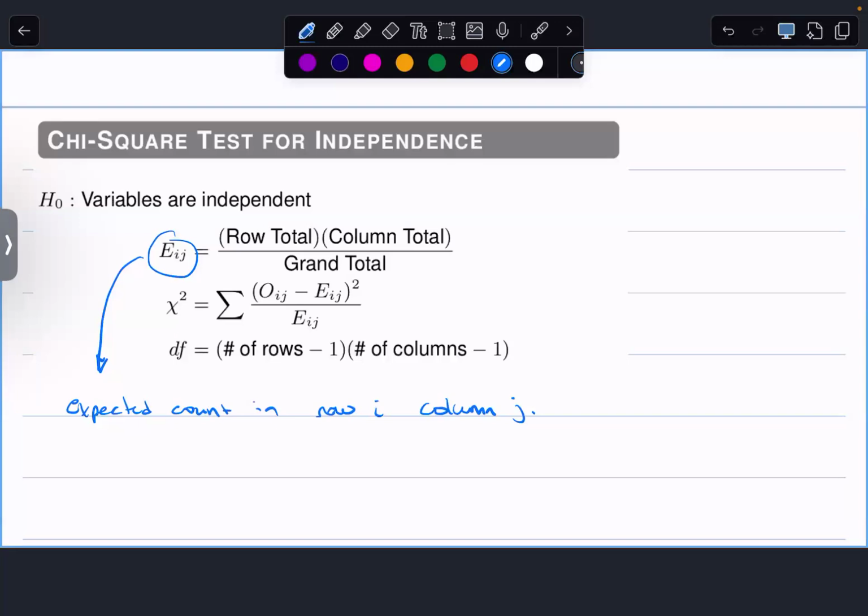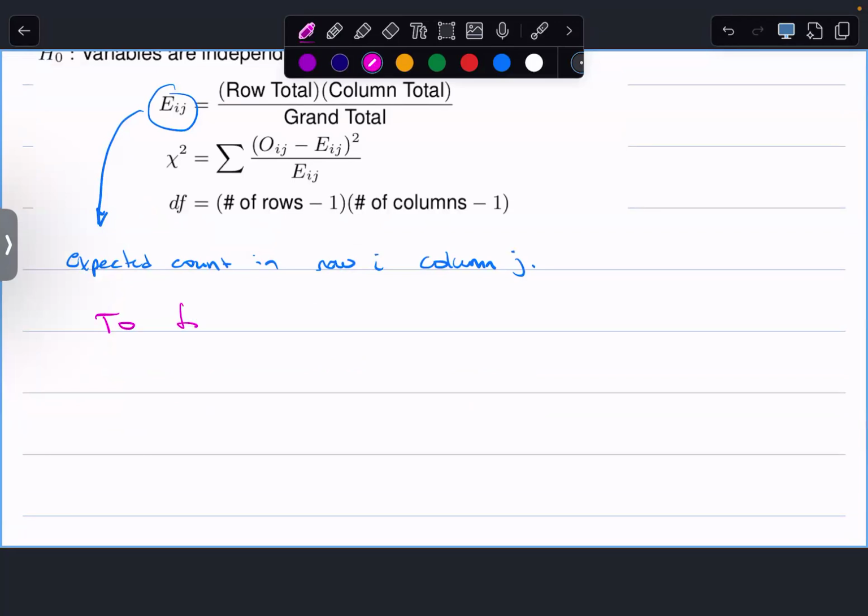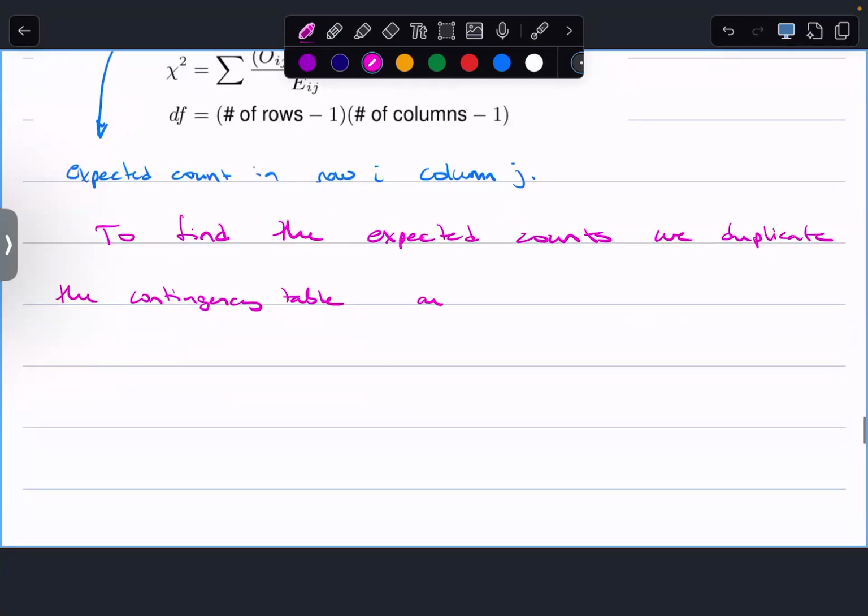Now, to find the expected counts, I personally like to just make a duplicate of the table with my expected counts. Or you can do them side by side. But I'm going to say we duplicate the contingency table and find the expected counts.